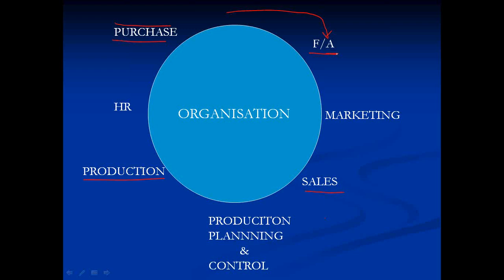So as a result, the GM finance gets totally confused about which information he should use for his decision making purpose, whether the information given by the purchase department or the finance and accounts department. It means he is not provided with the right information. So he may not be able to take the optimum decisions and the profits of the enterprise may not be optimized. That is how there are many problems in the non-ERP environment.